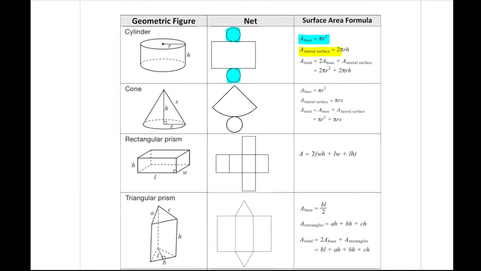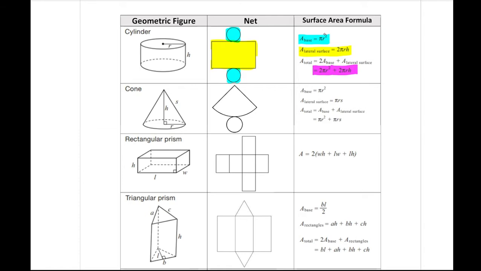The lateral surface, 2 pi r h, is what we're dealing with when we're talking about this rectangle. And then the area total, 2 times the area of the base plus the lateral surface area, is basically adding all of that up. So that's how the formula is broken down in this handout.